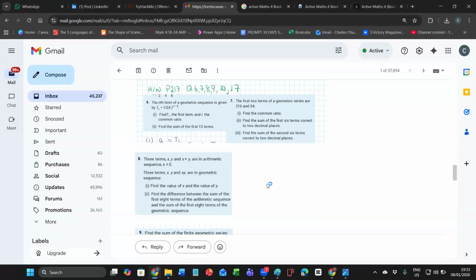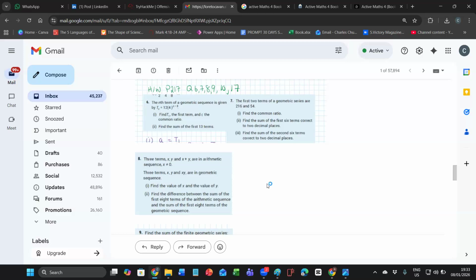When they say the common ratio, what does it actually mean? Remember, the common ratio is any term over the previous term. That would be 216 over 54?